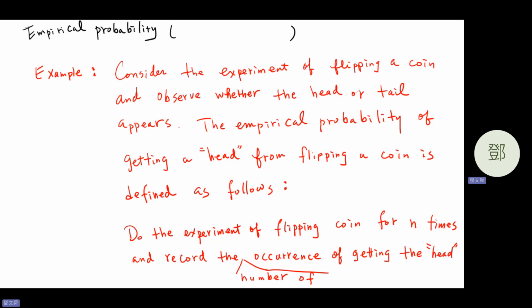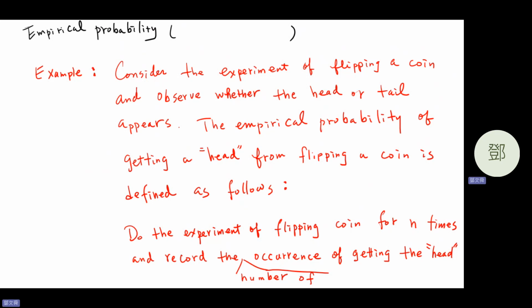So it is 1 over 2. But in empirical probability, we don't define the probability of getting a head this way.